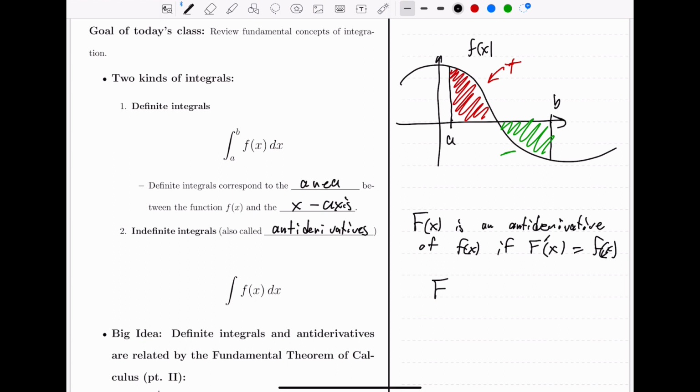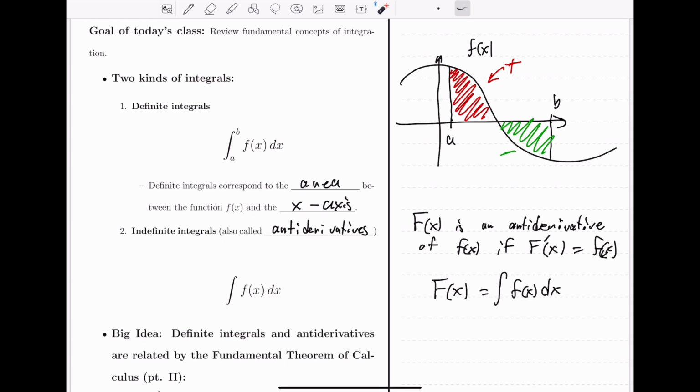Another way to notate this is to say that capital F equals the integral, or the antiderivative, of small f. So we're taking the concept of derivatives from Calculus 1 and we're completely reversing it. Instead of saying what is the derivative of this function, we say if we're given a certain function, what function has this as a derivative? So we're finding the antiderivative of the integrand.